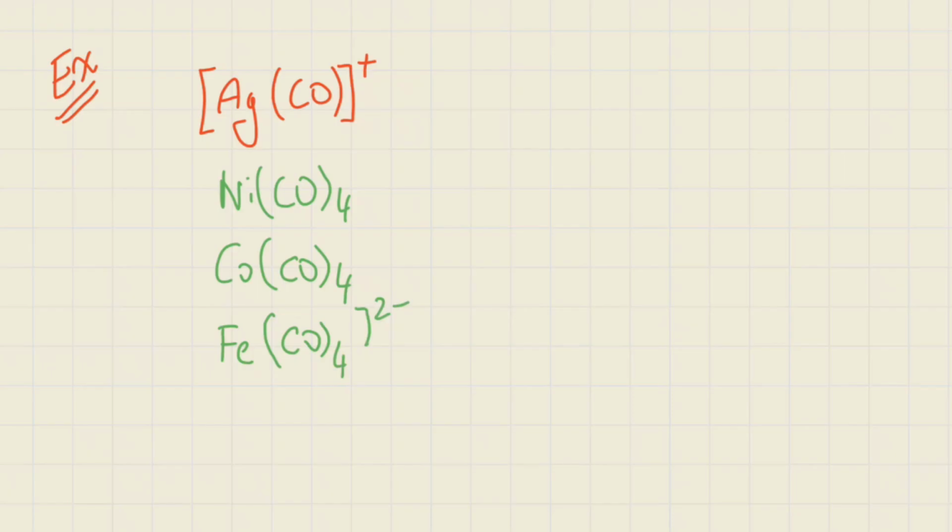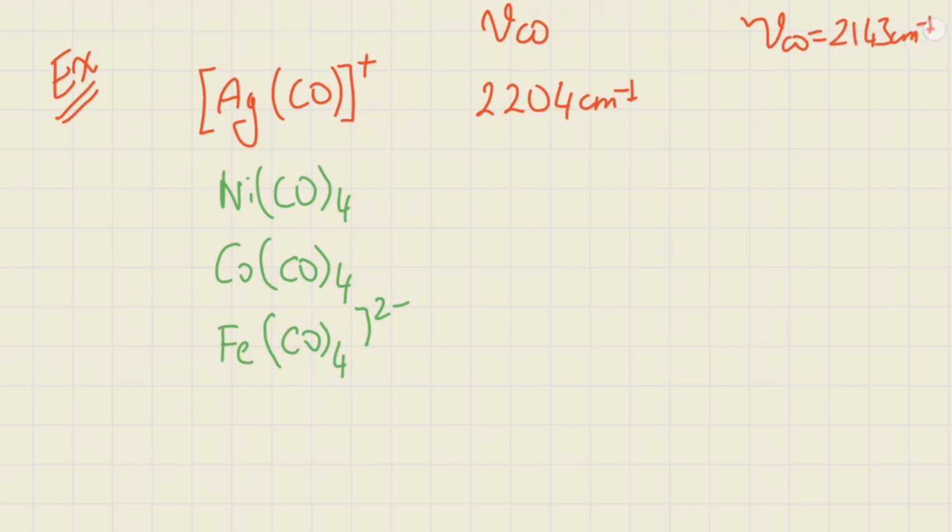And again we will look at the CO stretches. So for the silver it is 2204 centimeter minus 1, and as you remember, the free CO was 2143 centimeter minus 1, and it increased. So it definitely increased, right?